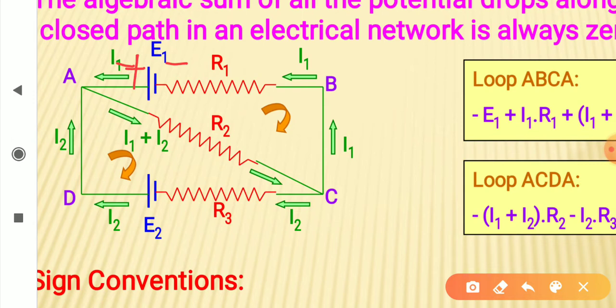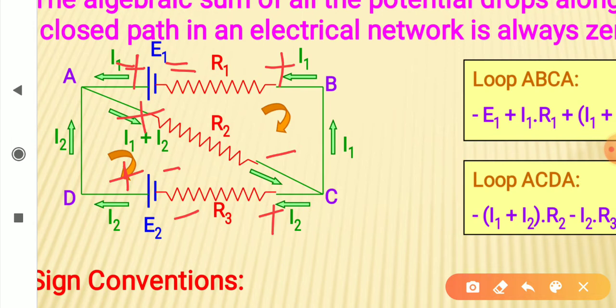Current always flows from higher potential to lower potential. So for current through R1 and for current through R2, it goes from higher potential to lower potential. For R3, higher to lower potential. For E2, the negative terminal is lower and the positive terminal is higher.